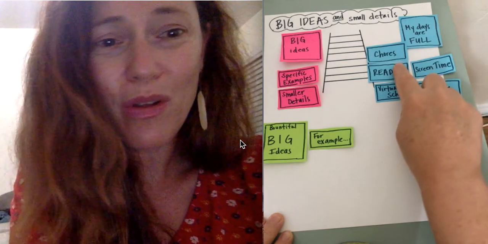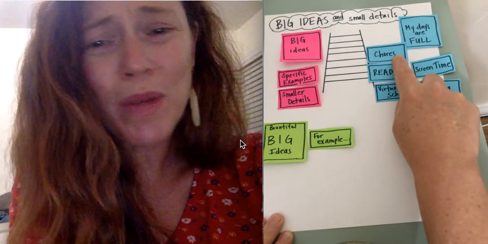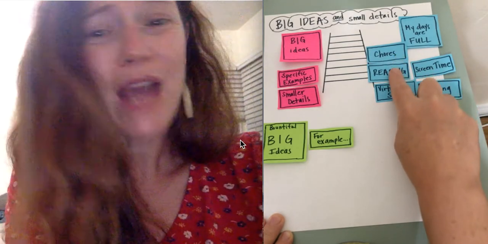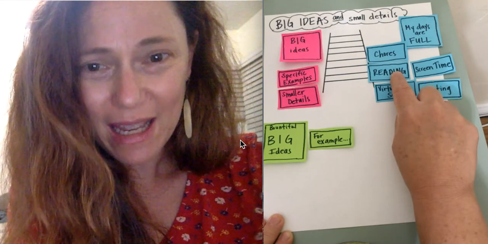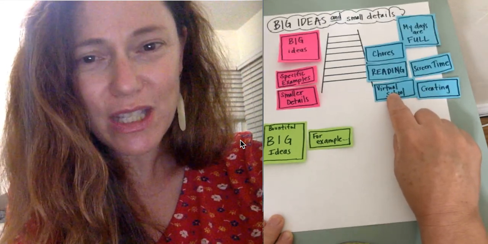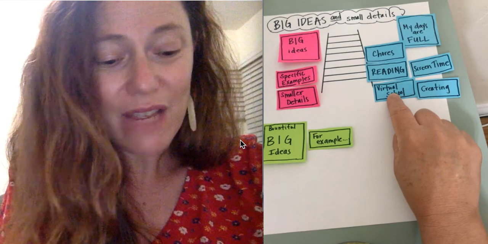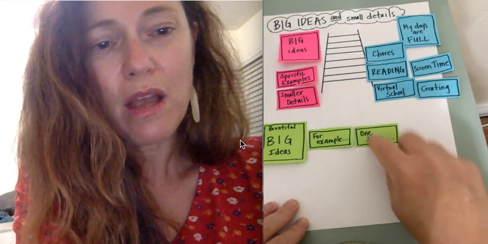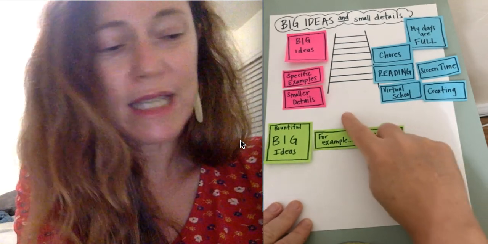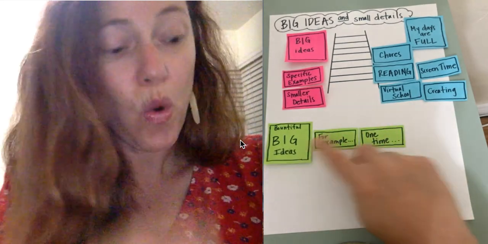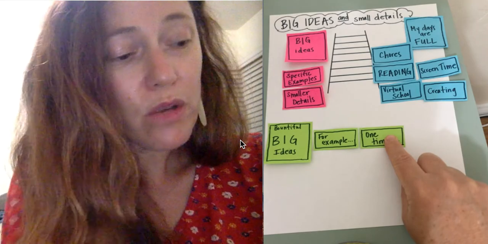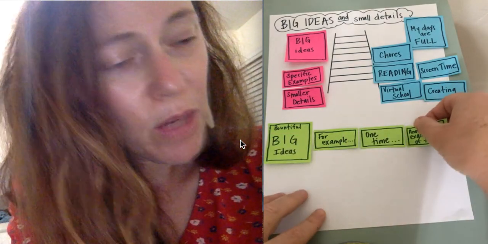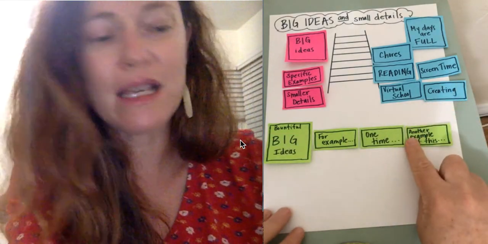For example, I do a lot of chores. I sweep like 9 times a day. I read at least 2 times a day. I have so many Zoom classes. Do you guys see how I'm doing that? I could even add another sentence starter that could help me bring in some smaller details to support my big ideas: one time. Or I could use this language that you're probably familiar with: another example of this is.